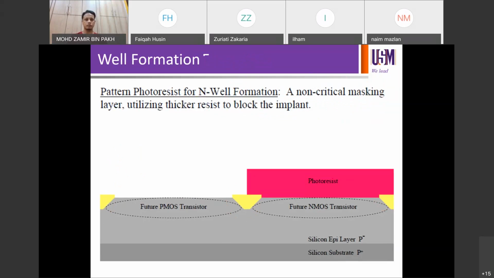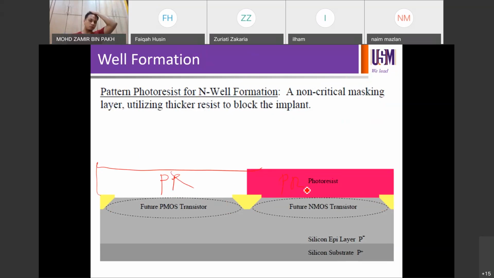Next, we do patterning of photoresist for N-well formation. So kita pattern sekali lagi the resist. When I say patterning, you should imagine that we first deposit resist here and resist here as well, full, left and right. Then we pattern.